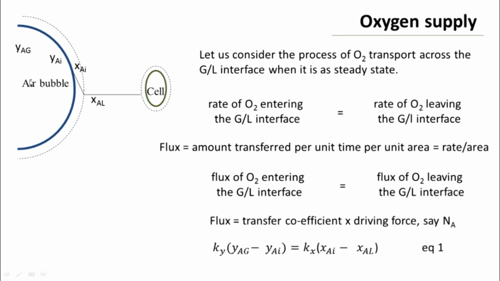Whereas if we are looking at a transfer coefficient from here to here, we want to relate the flux with these concentrations as the driving force, the gas phase concentration and the liquid phase concentration. We cannot do that directly because this is gas phase, this is liquid phase. The gas phase composition is, let's say, apples, and the liquid phase composition is oranges. You cannot subtract apples from oranges or oranges from apples.